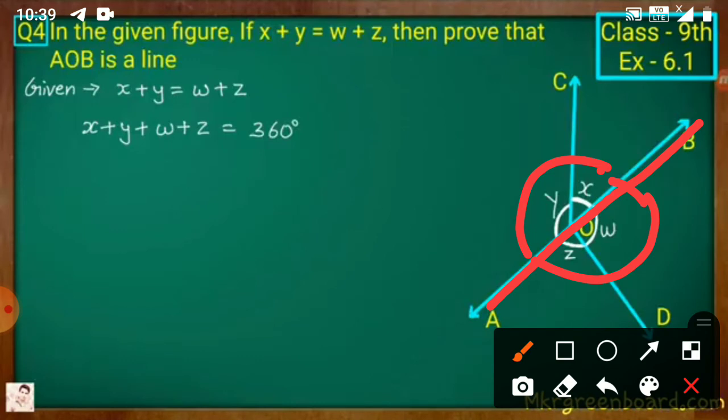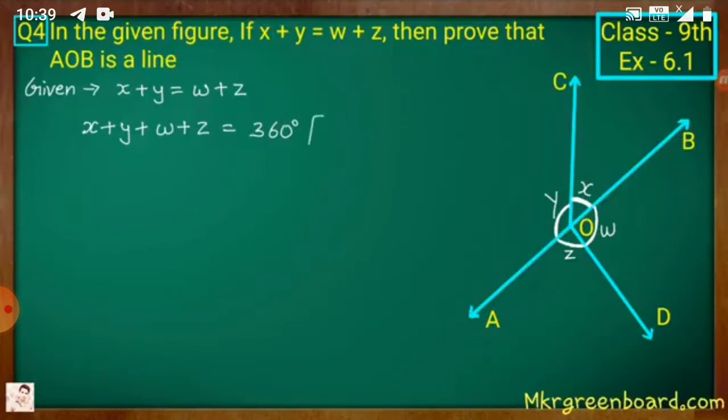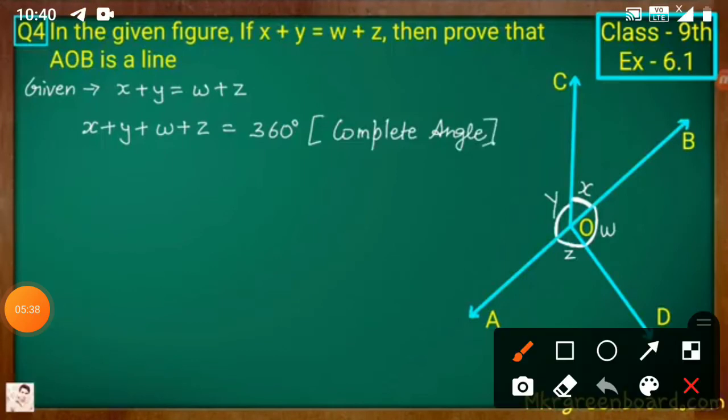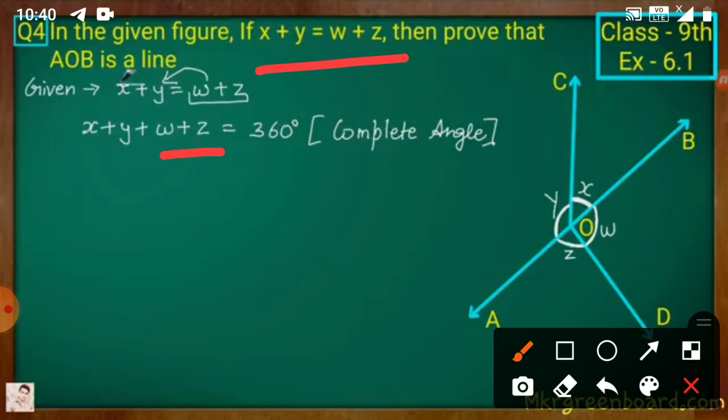Okay. Next. Because this is a complete angle. Next, see children, x plus y equals w plus z. So in this w plus z place, now I am writing here x plus y, because both are equal, in the condition only they are given, that's why.